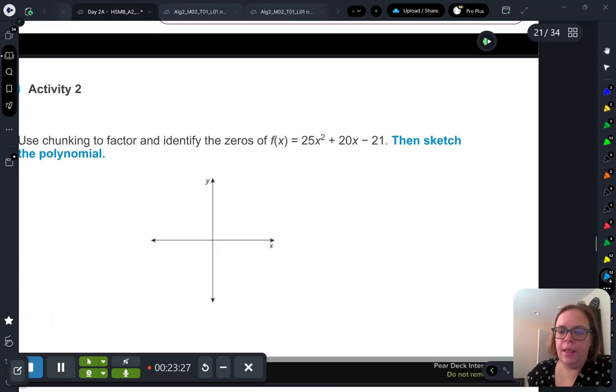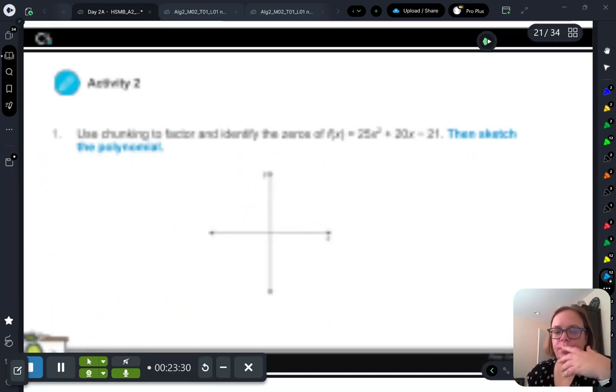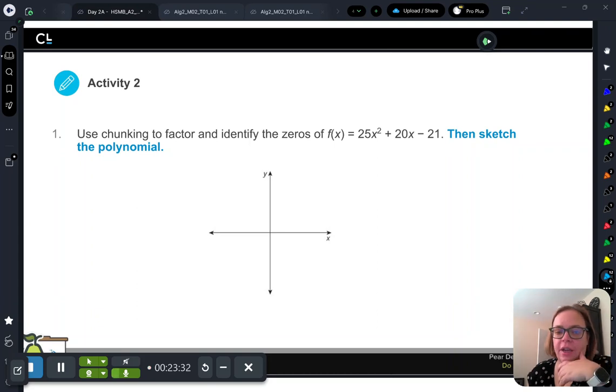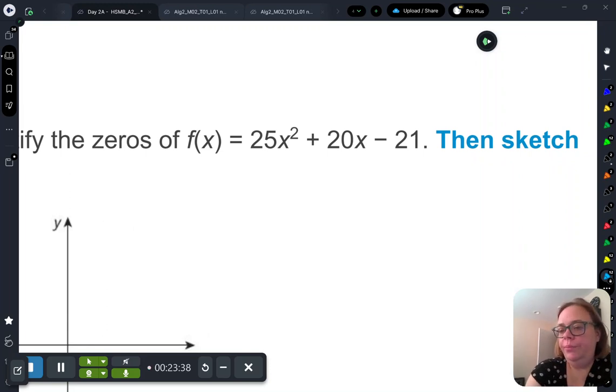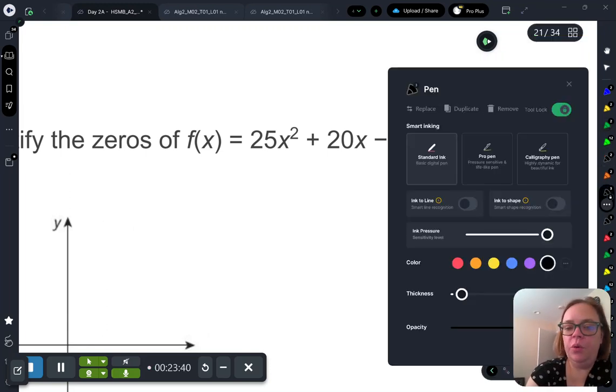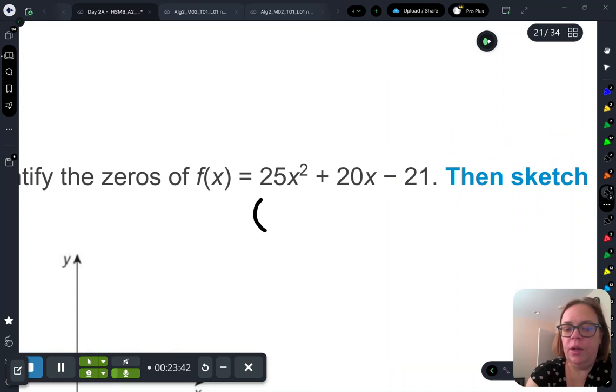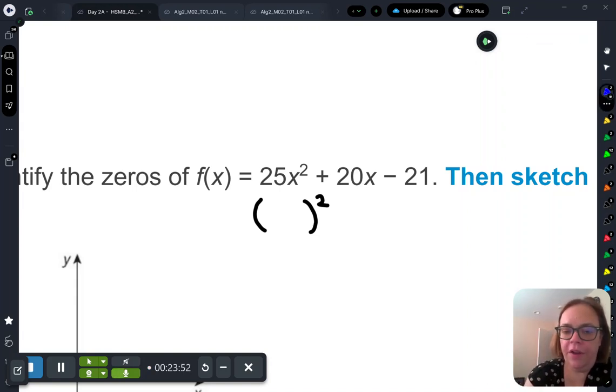Use the chunking to factor and identify the zeros of this one. So we want to think of 25x squared as something squared, and hopefully that thing goes into 20x. So 25x squared is 5x squared, and 5x goes into 20x 4 times.